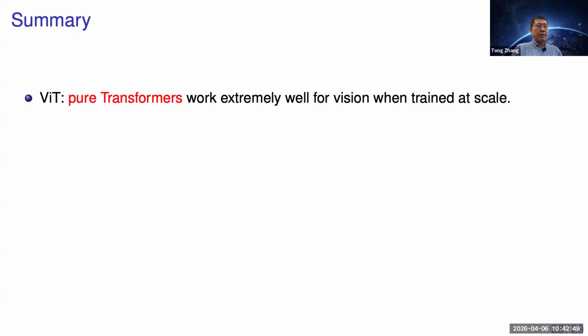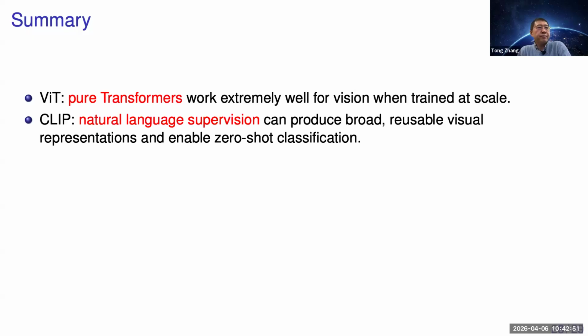The other one is the scaling law. CLIP is another thing. CLIP shows that natural language supervision can produce a broad, reusable visual representation that enables zero-shot classification, and in particular it is also image-text alignment. If you want to align your image to text, CLIP is one of the standard models to do that.